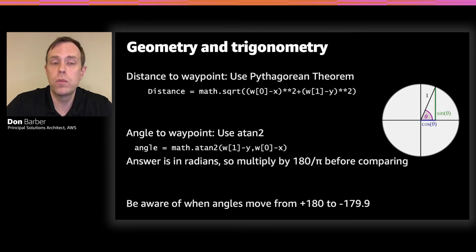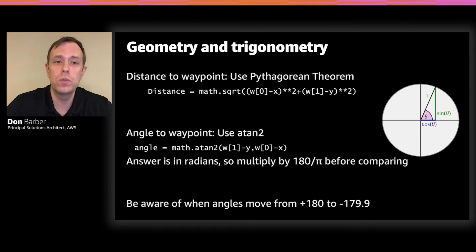Just another point of warning there is that it will return the answer in radians, whereas the parameters dictionary that's sent to you has values in degrees. The heading and steering, for example, are in degrees. So you just need to convert one to the other. It's pretty simple: multiply by 180 over pi before comparing. Another thing to keep in mind is if the car is heading straight along the y-axis, you will have a heading of 180 degrees.